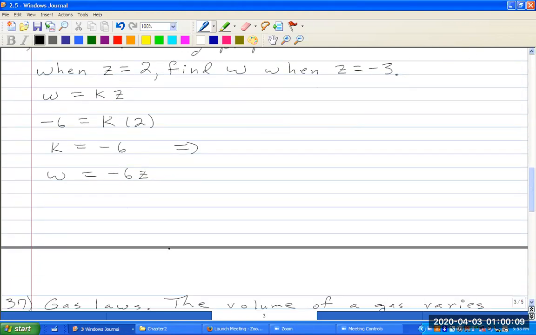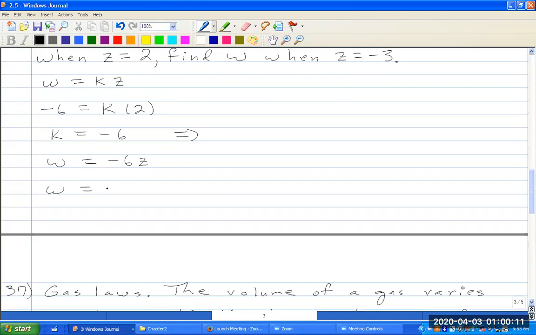I want to find W when z is -3. Negative times negative is positive. Therefore, W is equal to +9.